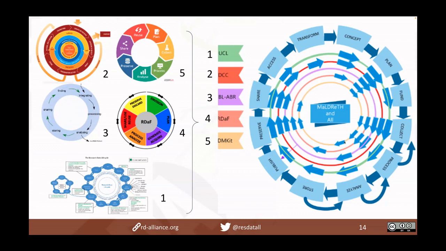And then you'll see in the color-coded inner concentric rings, each of those labeled with different research data life cycles, and the relevant parts of each of those life cycles.